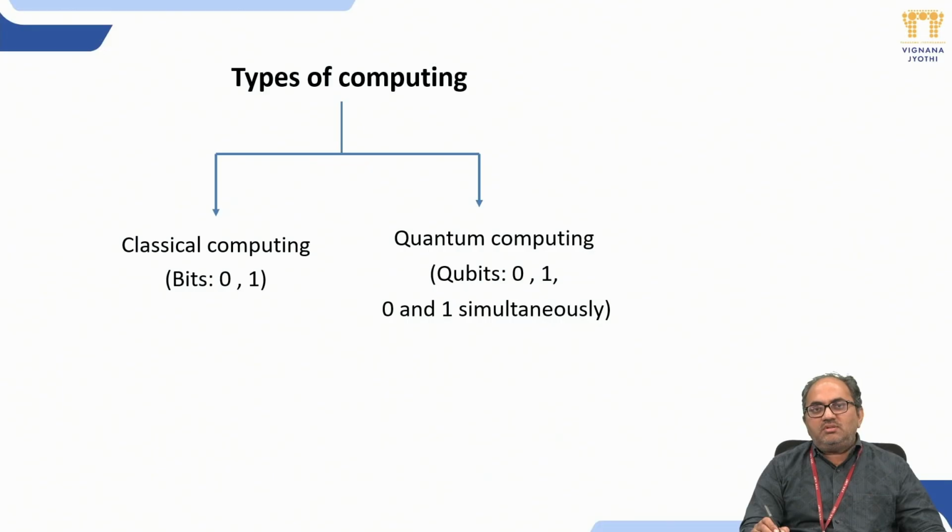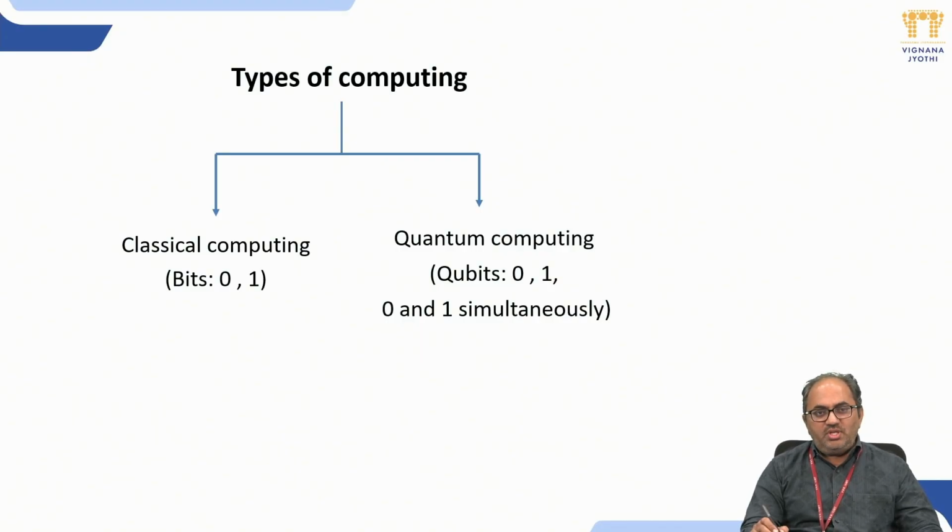Computing is of two types. The computer that we are using currently is called a classical computer, because while processing the information, it uses laws of classical physics. In processing the information, these computers first convert the data into bits. A bit is a definite state.